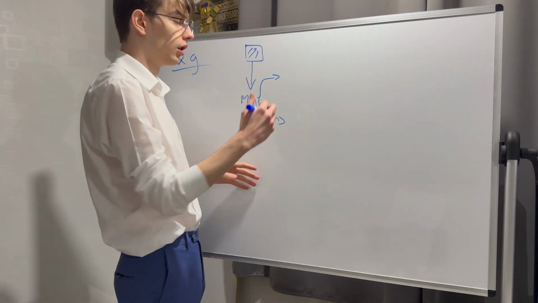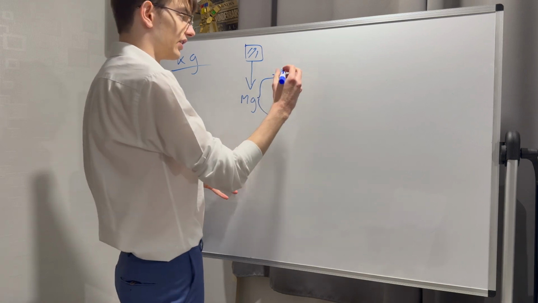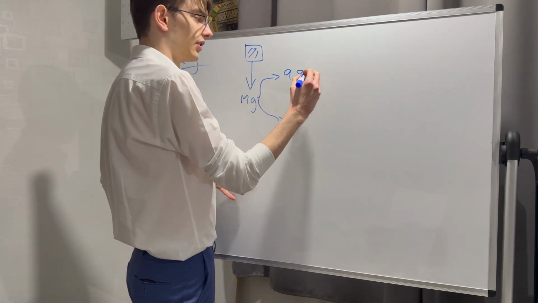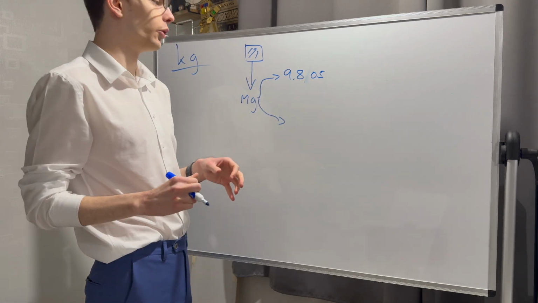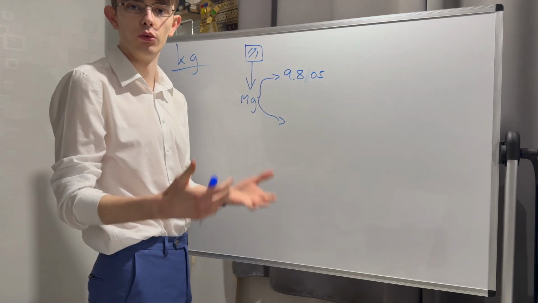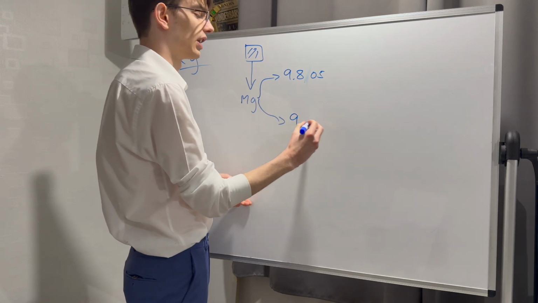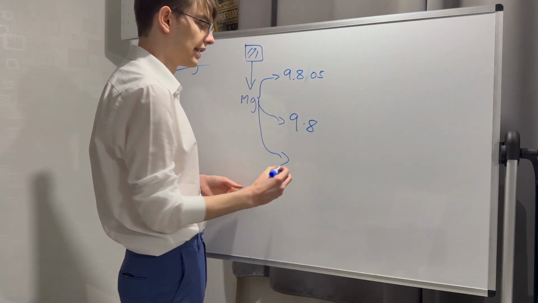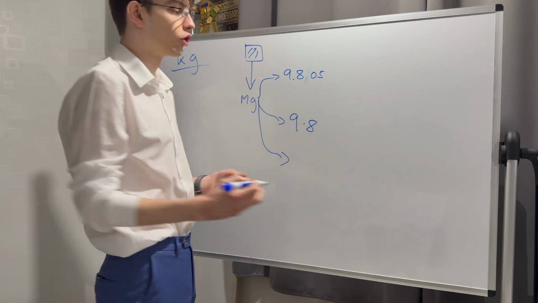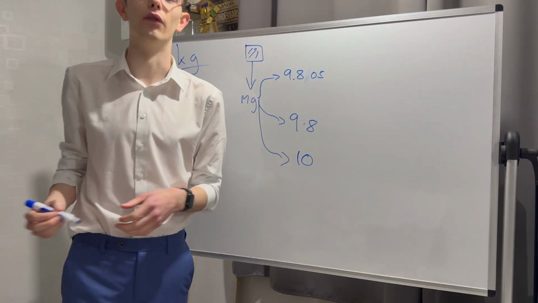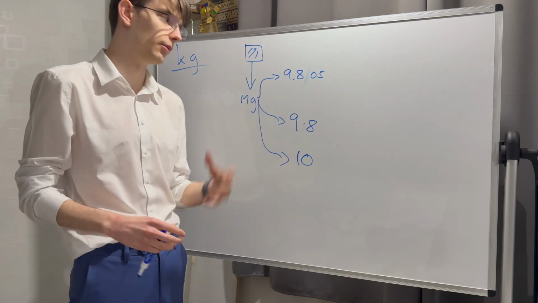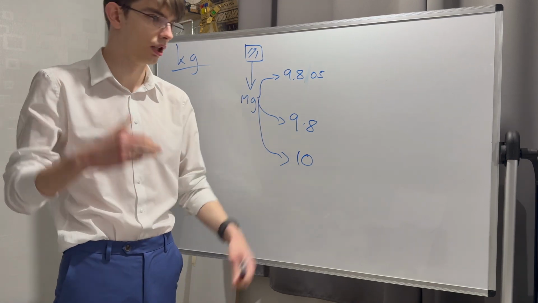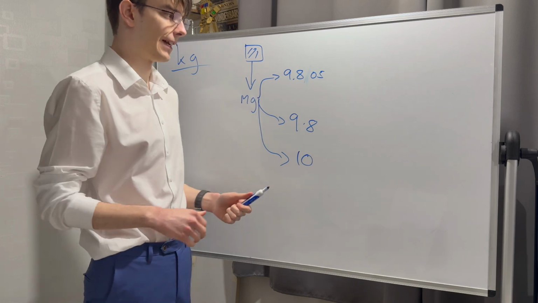If you are a high-level physicist, it will be 9.805. If you are just an A-level student or an early years physicist, it will take a value of 9.8. And if you are a GCSE student or an engineer, it will take a value of 10. That is the strength of the gravity of Earth. On the moon, it's 1.6. On the sun, it's probably a lot more than that. I don't know off the top of my head.